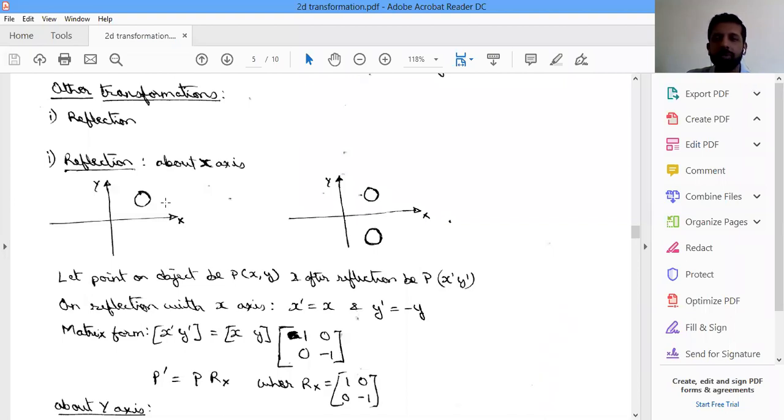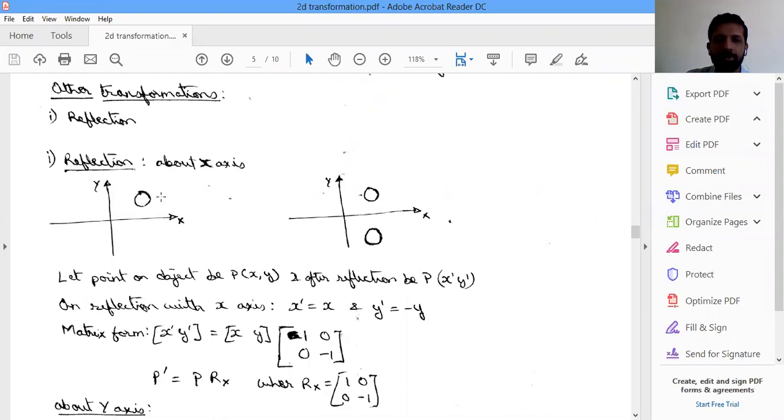Copy means it copies the object that we select and places it onto the other side wherever we draw the mirroring line. So here let the reflection be about the x-axis. We want the same object, same size, to be copied onto the other side of this x-axis, which is only the portion below.